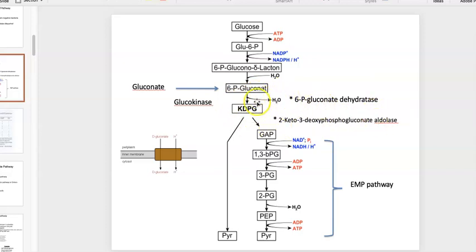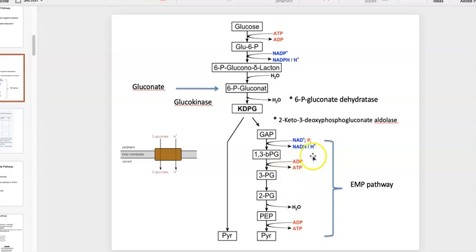So this dehydration step right here is facilitated by this dehydratase. And so now you have this 6-carbon KDPG sugar, which can be chopped by this aldolase into pyruvate, so 3-carbon pyruvate, and then the other part has to be converted to pyruvate through the typical 3-carbon reactions of glycolysis.